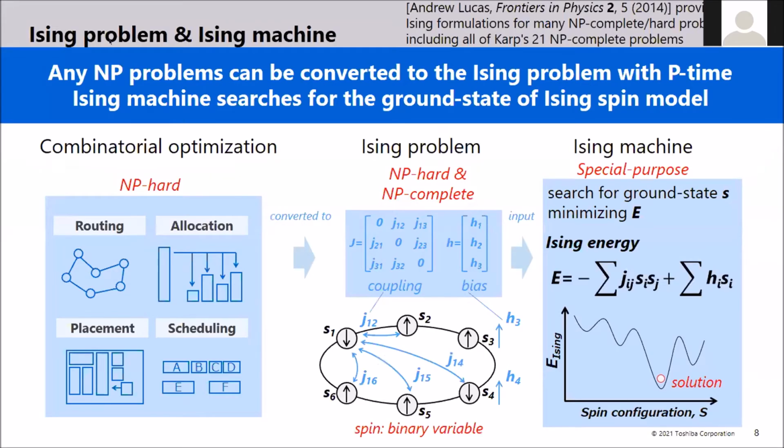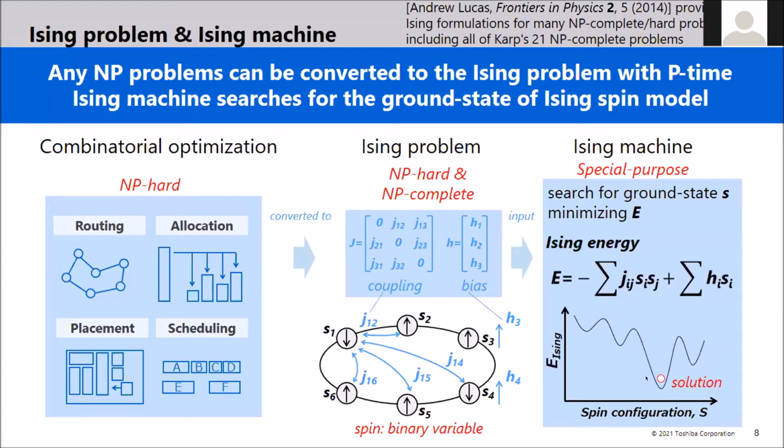So, simulated bifurcation. First, let me explain the Ising problem and the Ising machine. The Ising problem is the ground state search problem of the Ising spin model, which consists of binary variables called spins interacting with each other. A target combinatorial optimization problem is mapped to the coupling coefficient matrix J and bias coefficient vector H. Ising machine searches for a spin configuration S that minimizes the total energy of the system defined by this expression, including two-body terms and one-body terms.